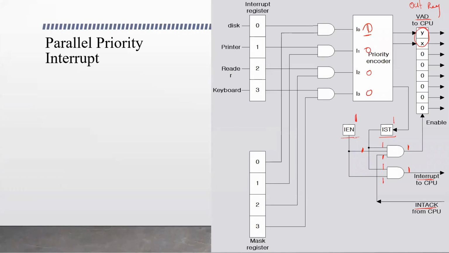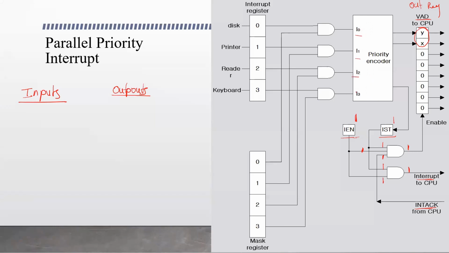Priority encoder. This is a circuit that implements the priority function. What is this priority function? I'll write the truth table here. Here we have the inputs to the priority encoder and the output it generates. What are the inputs to the priority encoder?